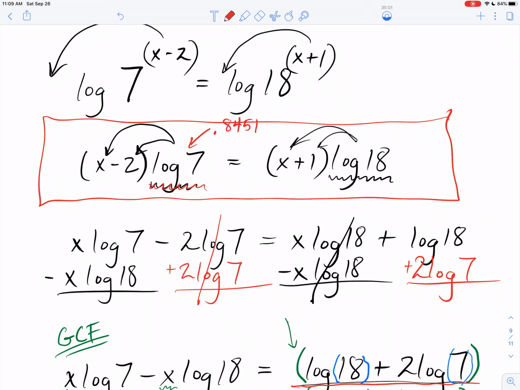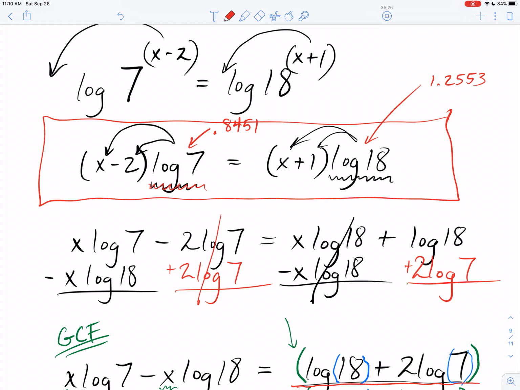What is the log of 18? It's just a number. If I were to take the log of 18 and convert it to a decimal right now and round it off, I'd get 1.2553. It says 27 on my calculator, so I'm just going to call that a 3. I'm going to round it to the 4th decimal place.